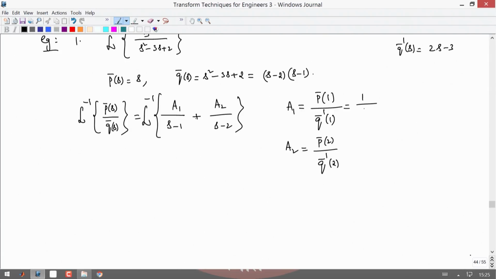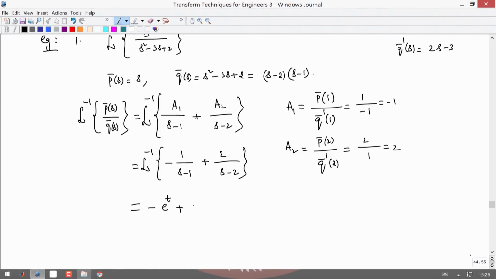When you put s equal to 1, that is going to be minus 1. So, you have L inverse of minus 1 by s minus 1, and here this will be 2 divided by 2 into 2, 4 minus 3, that is 1. So, you have 2, plus 2 divided by s minus 2. So, you have minus e power t plus 2 times e power 2t. This is the Laplace inversion.